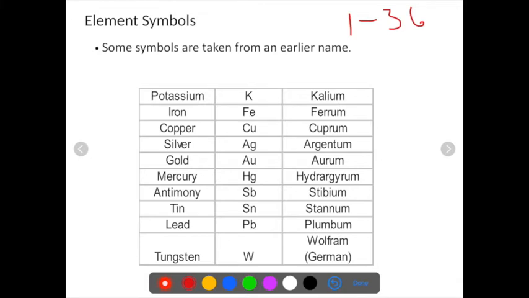So just memorize the name and the symbol. Okay, you don't need to memorize atomic number or anything like that. Okay, just name and symbol. So I'm going to have a periodic table for you on Canvas to show you what periodic table you're going to get to use on your test. But for now, just start memorizing the name and symbol of elements 1 through 36.